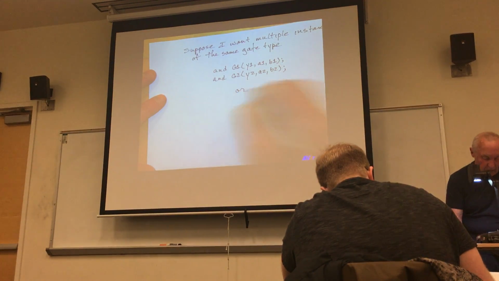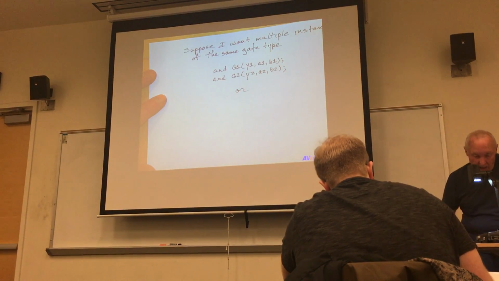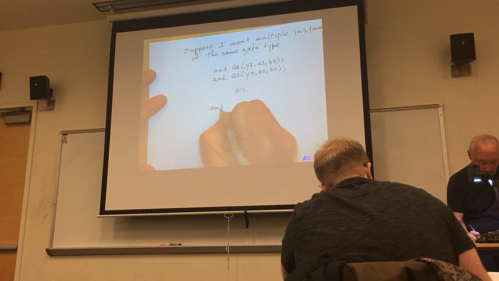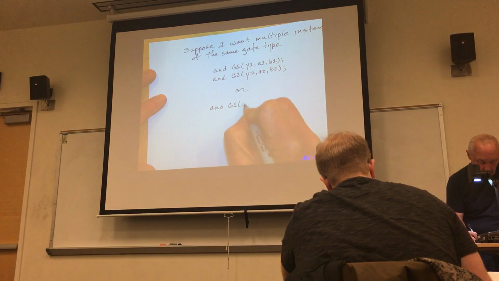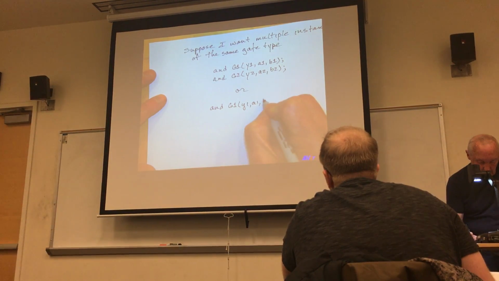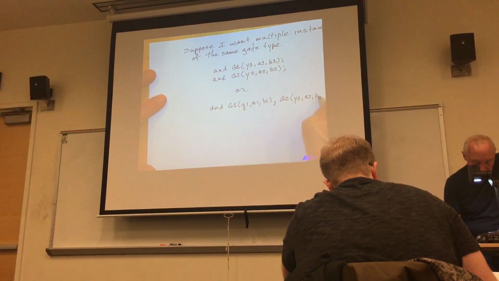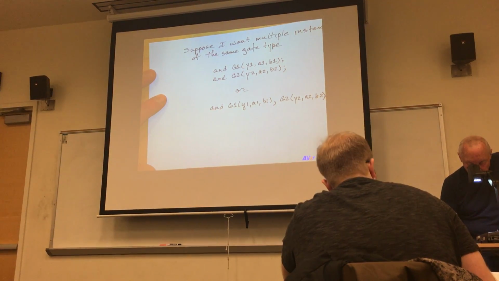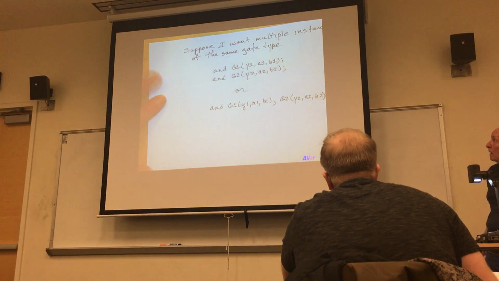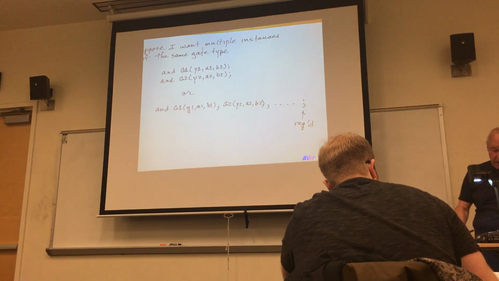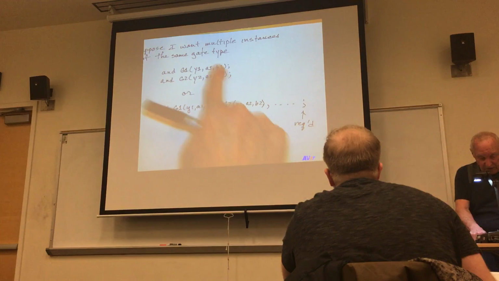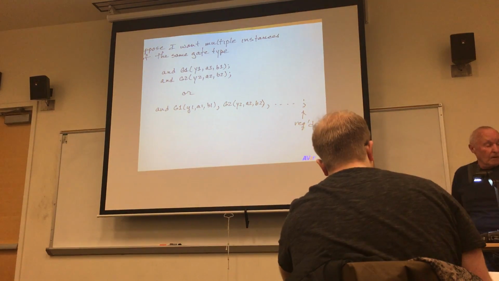Or you could declare it on a single line separated by commas, G2, Y2, A2, B2, comma, and so on, and then terminate the entire expression with a semicolon. So you could do it this way, or you could do it that way. It's whichever you prefer.